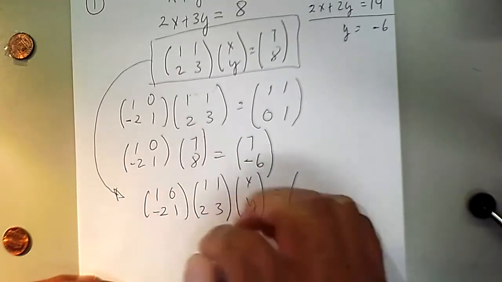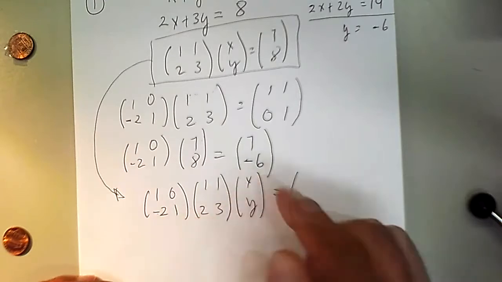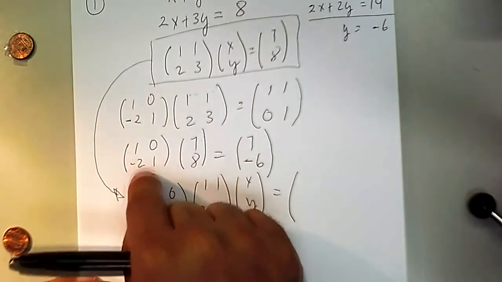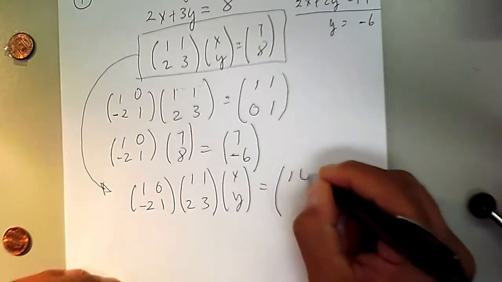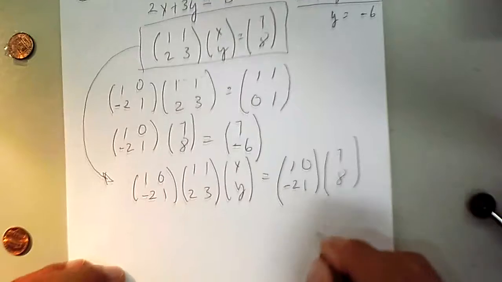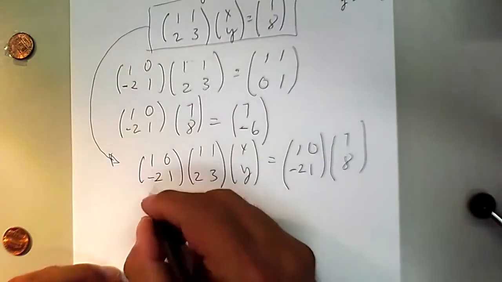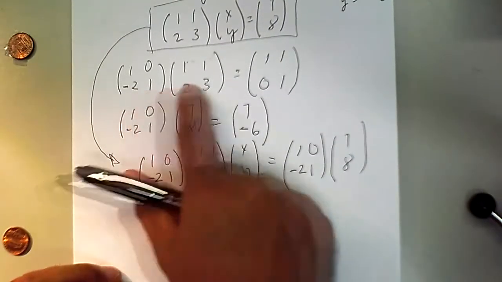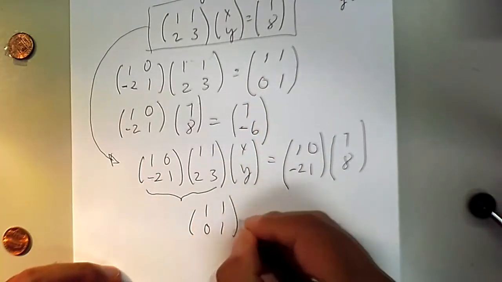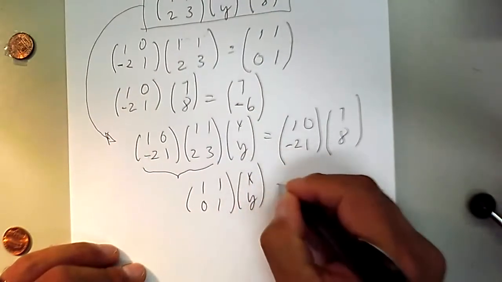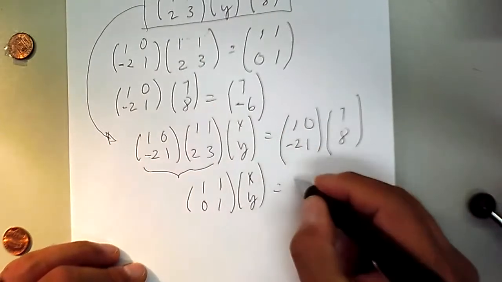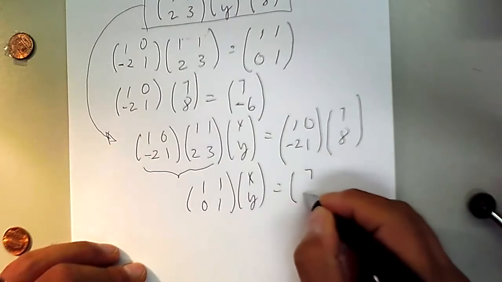And we have to multiply both sides of this equation by the same matrix, 1, 0, -2, 1, times 7, 8. The multiplication of those two we just did up here. It is going to give us 1, 1, 0, 1, x, y. And then the multiplication of that matrix with this column vector we did up here is going to give us 7, -6.